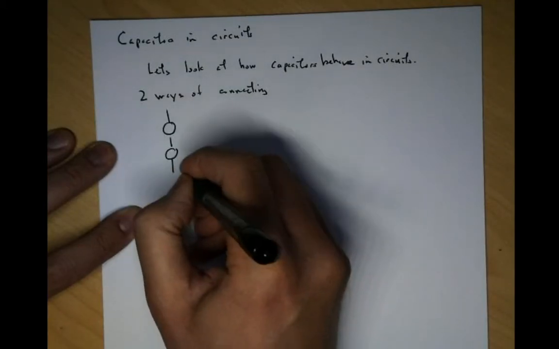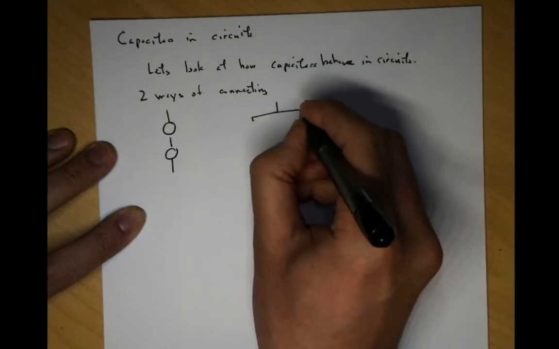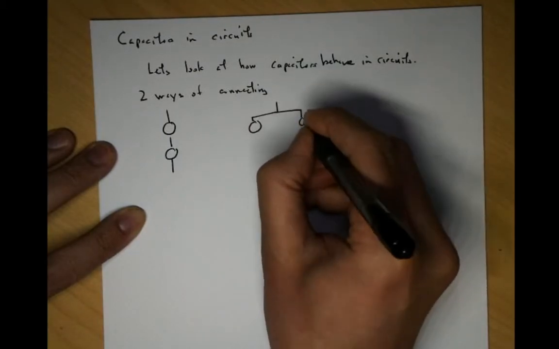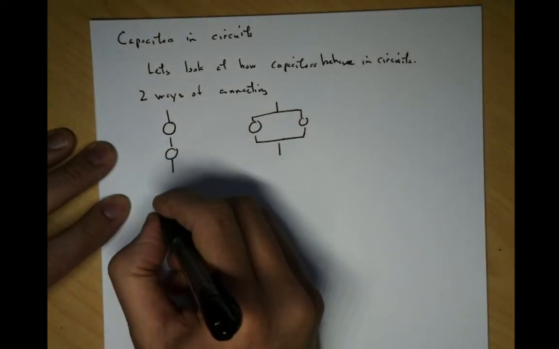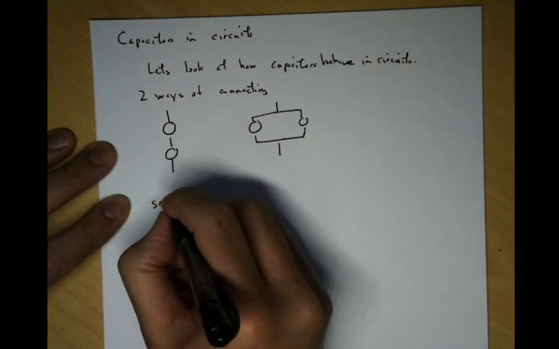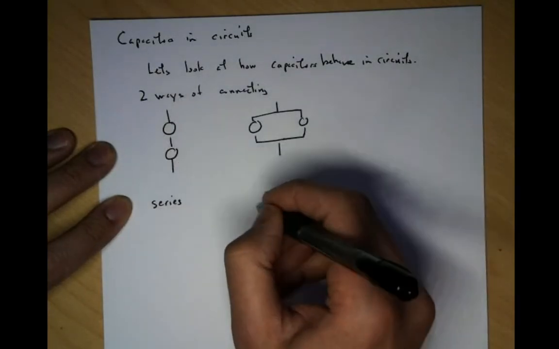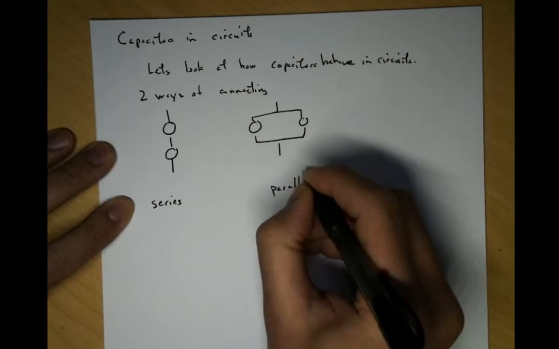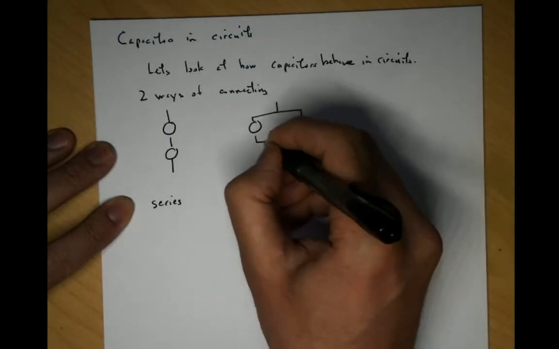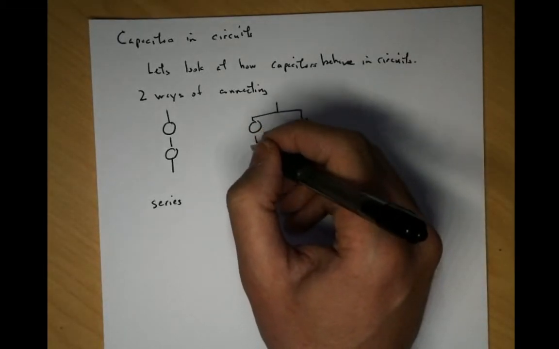You connect them like this, or you can connect them like this, all right? Okay, so this is called series. Why? You're lining them up together, so electric flows through one, then flows through the other. And then you also connect like this one, which is parallel. Okay, the electricity can choose to basically flow in one or the other case, right?